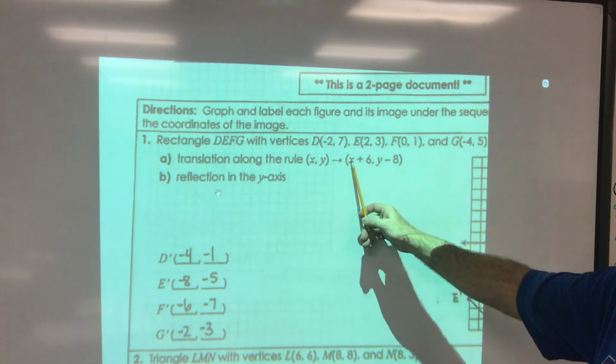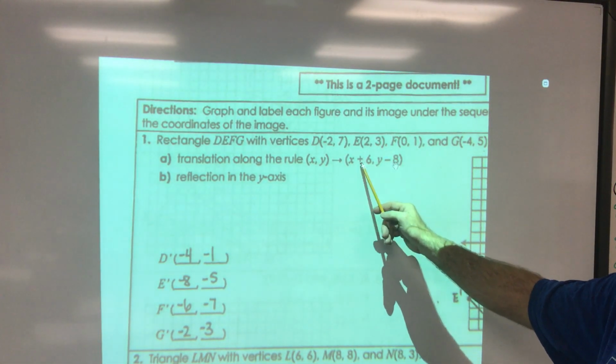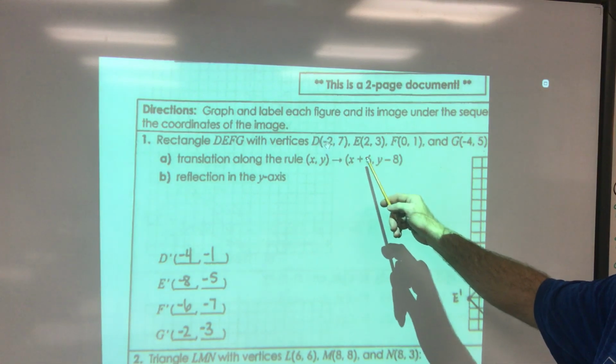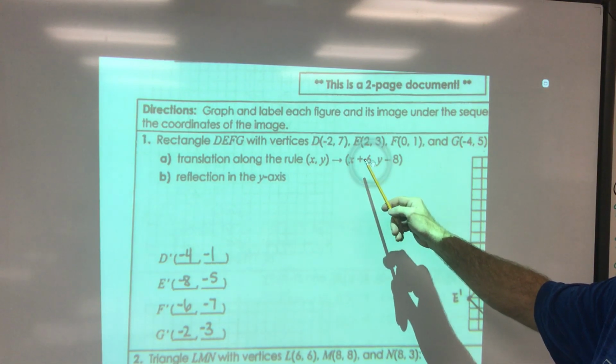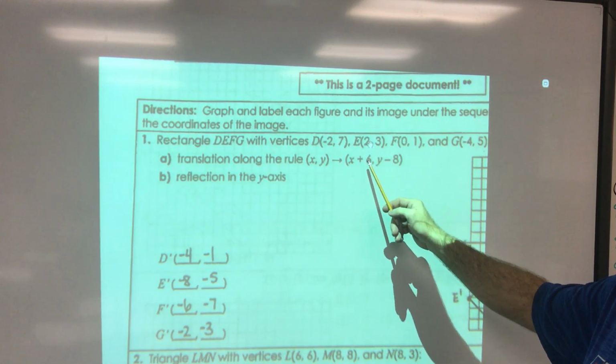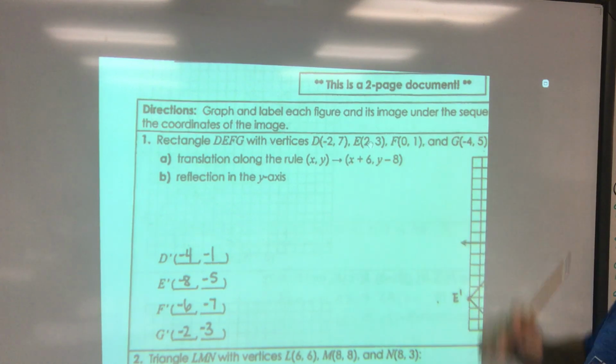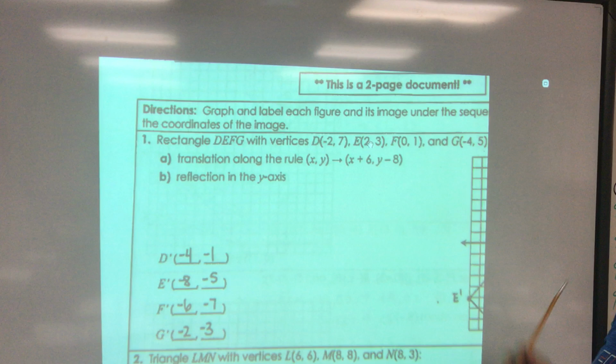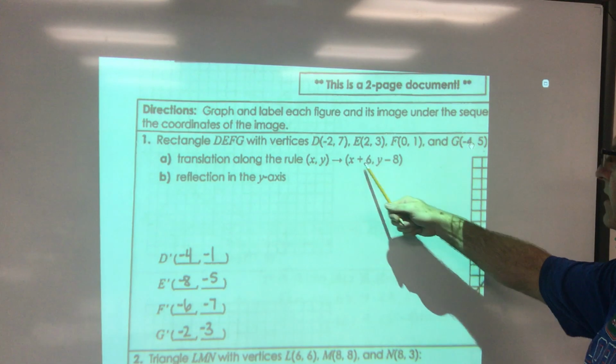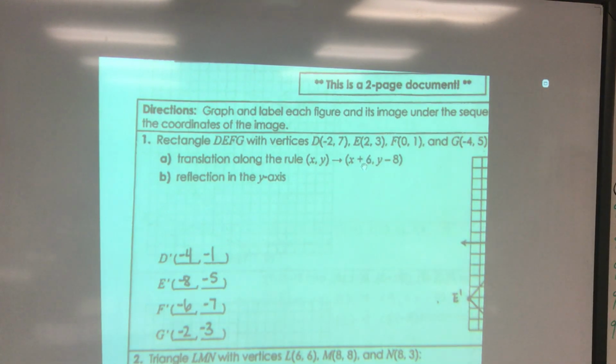So my first one's fairly easy. I'm taking negative 2 plus 6, and then positive 2 plus 6, and then 0 plus 6, and then negative 4 plus 6.